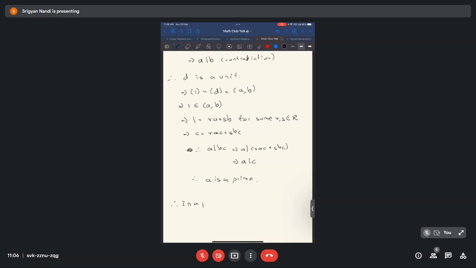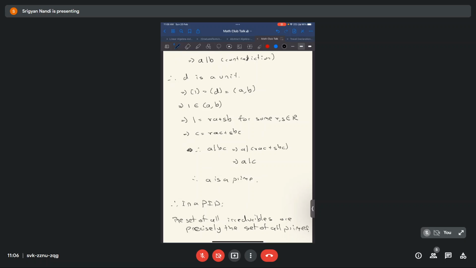Therefore, in a PID, the set of all irreducibles are precisely the set of all primes.